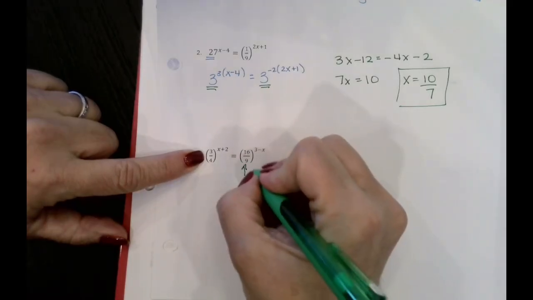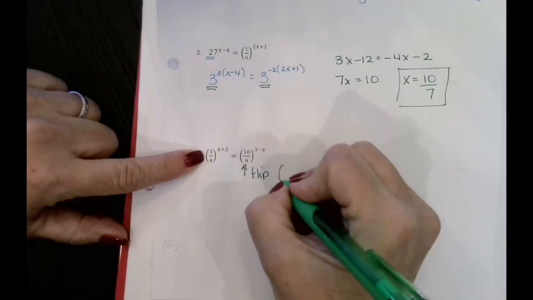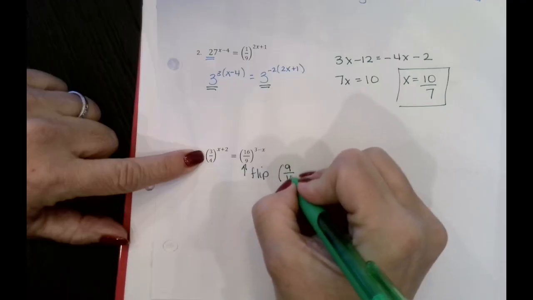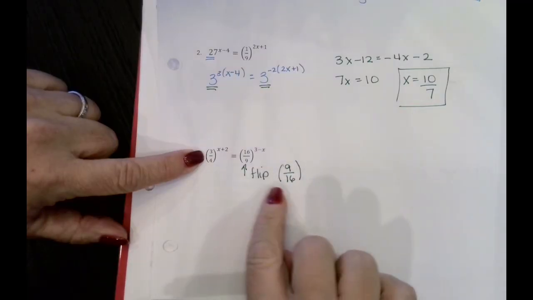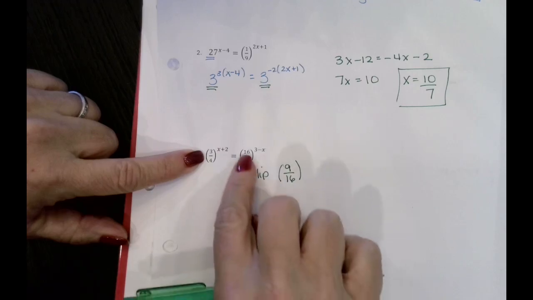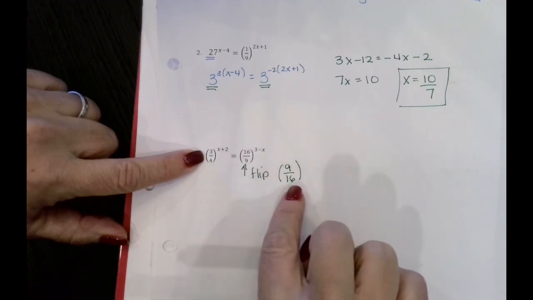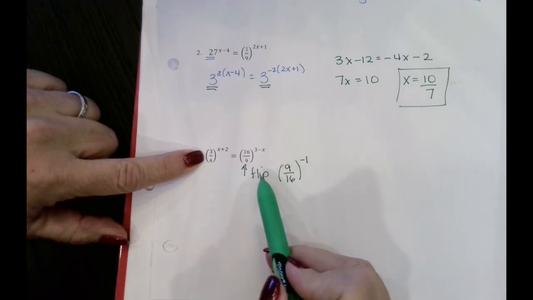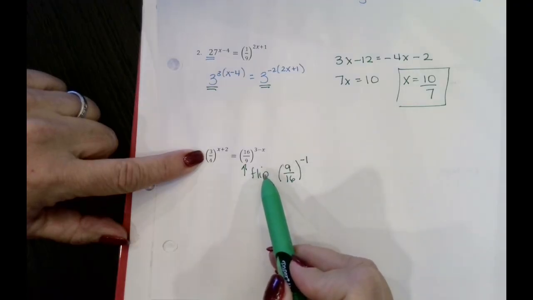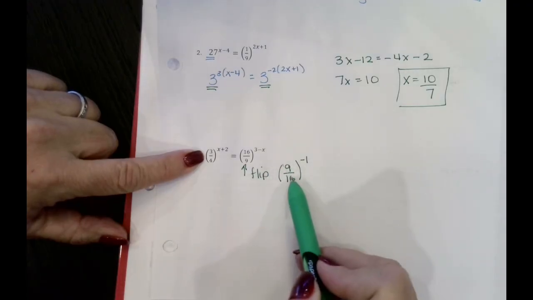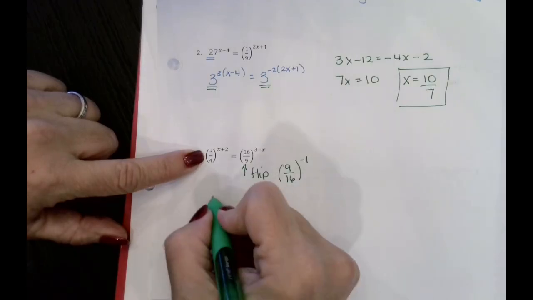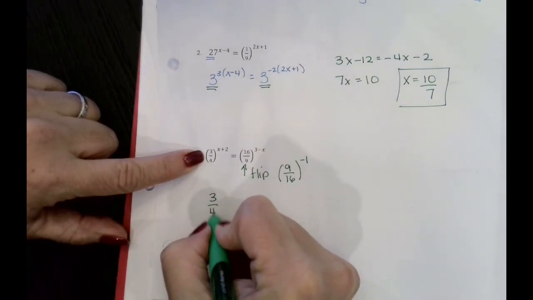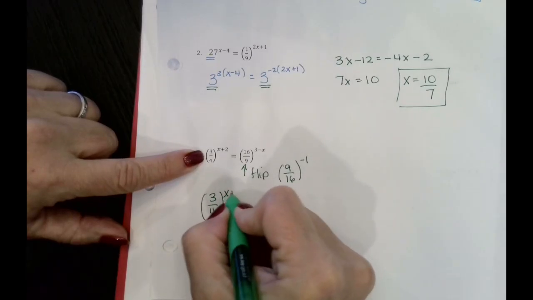So this is flipped, and what I want is 9 over 16. So if I have this 9 over 16 and I flip it, I know that I'm going to have a negative exponent. All right, so right away I have this negative exponent. But I also know that what I want to do is I want to have half of this value that's on here. So my left side becomes 3 over 4 to the x plus 2.